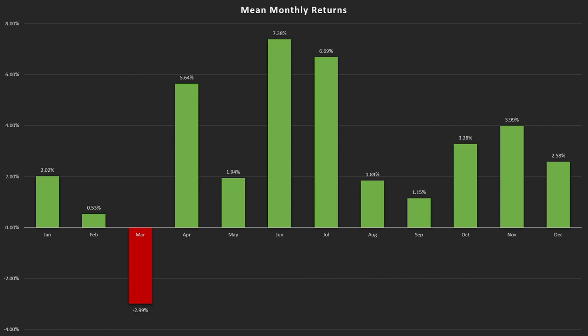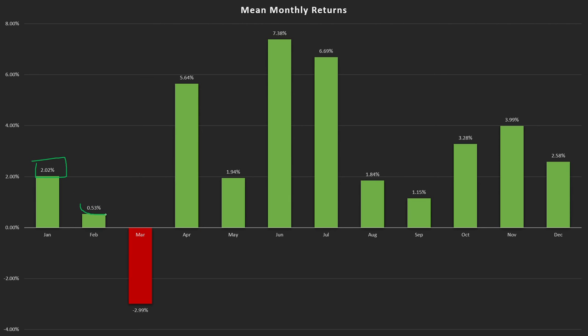Let's move on to the next graph, which is the mean monthly returns. In this graph, I have taken the average, or the mean, of monthly performance over the last 10 years. If we take the average, we can see that in January, the average return over the last 10 years is 2.02%.